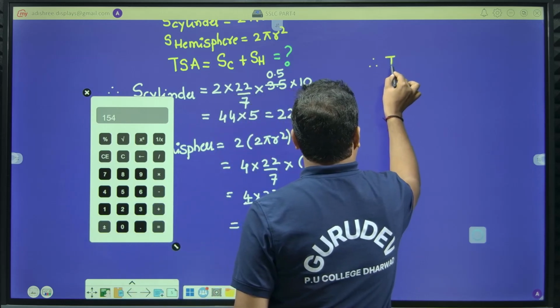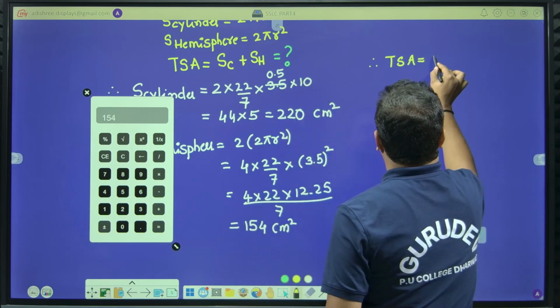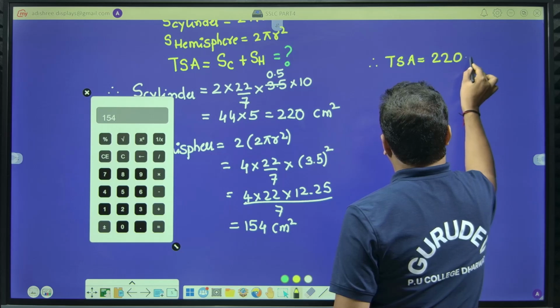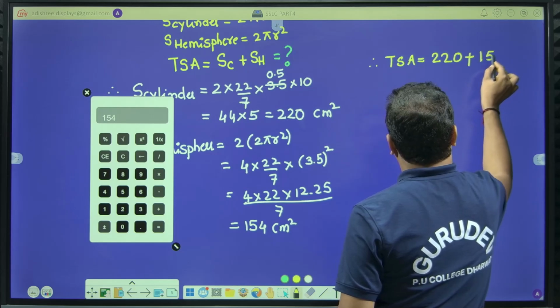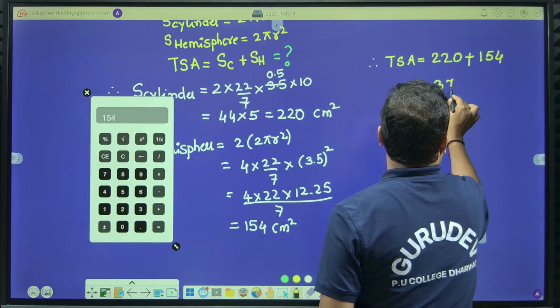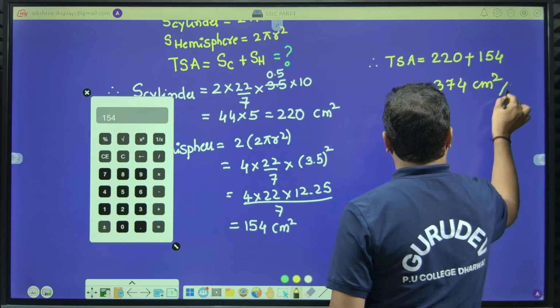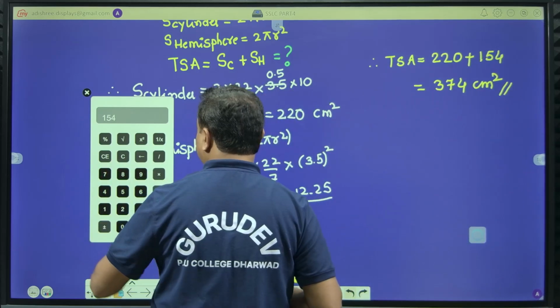Therefore, total surface area is equal to 220 centimeter square plus 154 centimeter square. Together it will become 374 centimeter square, which is the right answer.